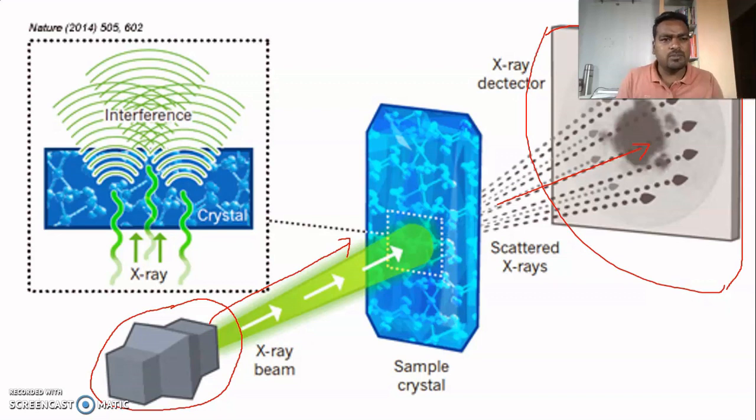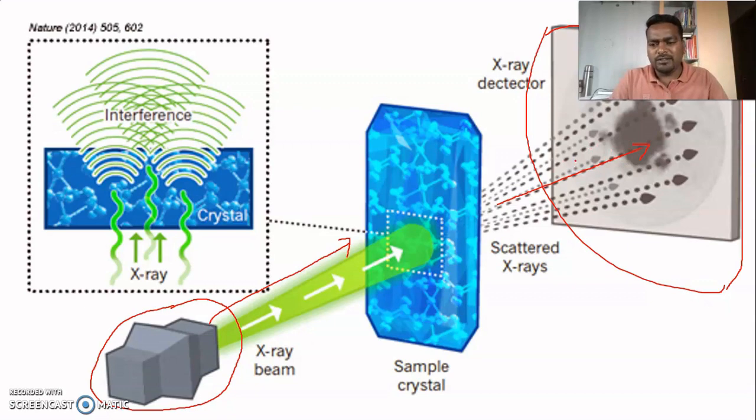So there is a relationship between the interplanar distance and the diffracting angle theta. This relationship can be mathematically obtained with the help of Bragg's law. So before understanding how we determine the structure using the X-ray crystallography instrument, we must know Bragg's law, because X-ray crystallography works on the principle of Bragg's law.